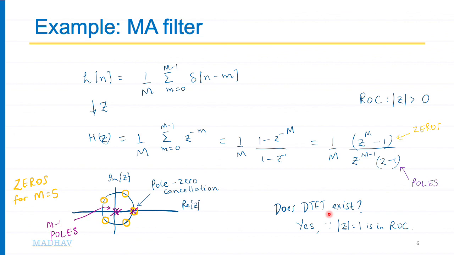And you have already seen that my DTFT, or my frequency response, is defined on this circle. Since this circle is within the ROC, this means my DTFT does exist.